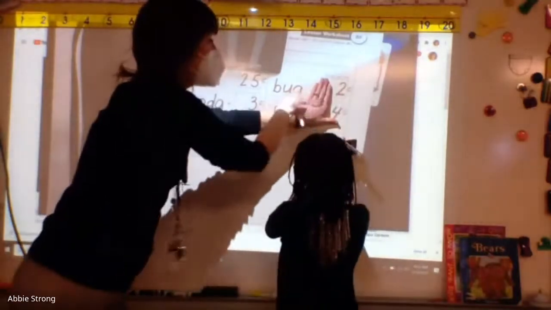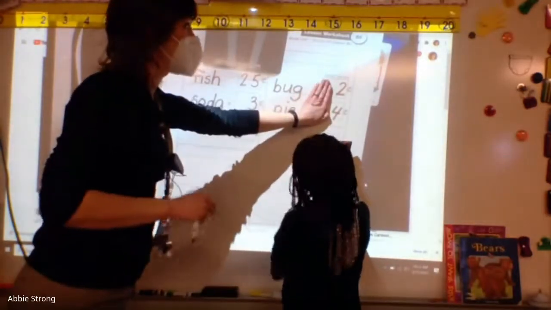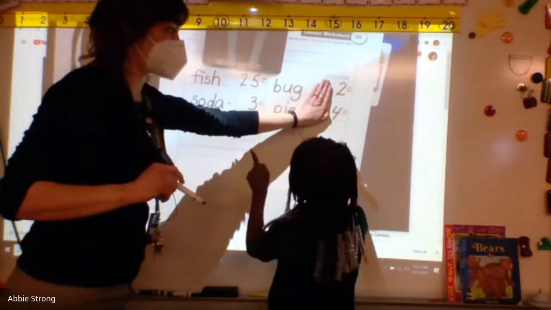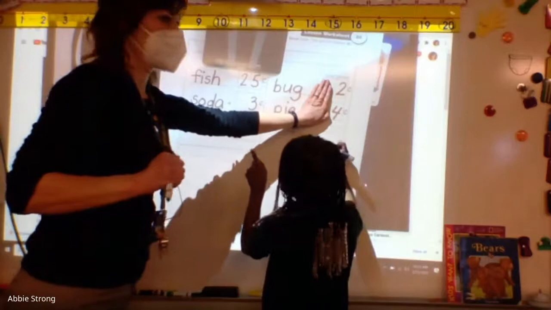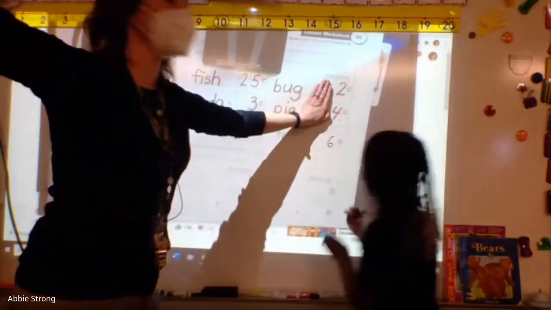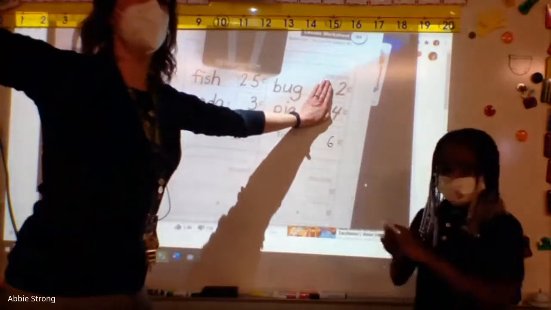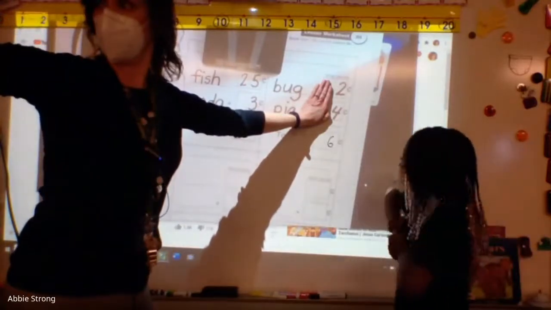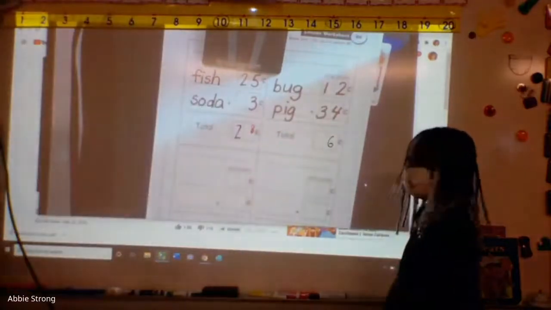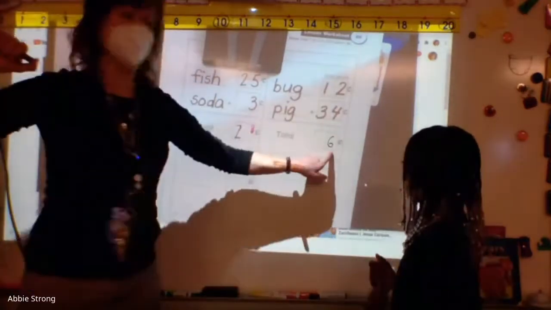You're doing 2 plus 4. So find 2, hop 4 more spots. Put your finger on the 2 on your number line. Hop 4 more times. Let me check. You have to put it underneath in the 1 spot.